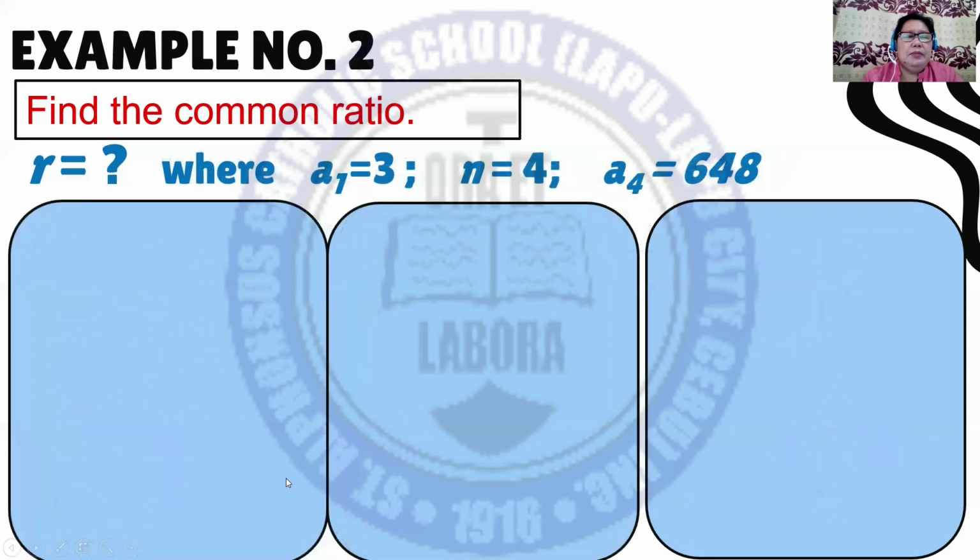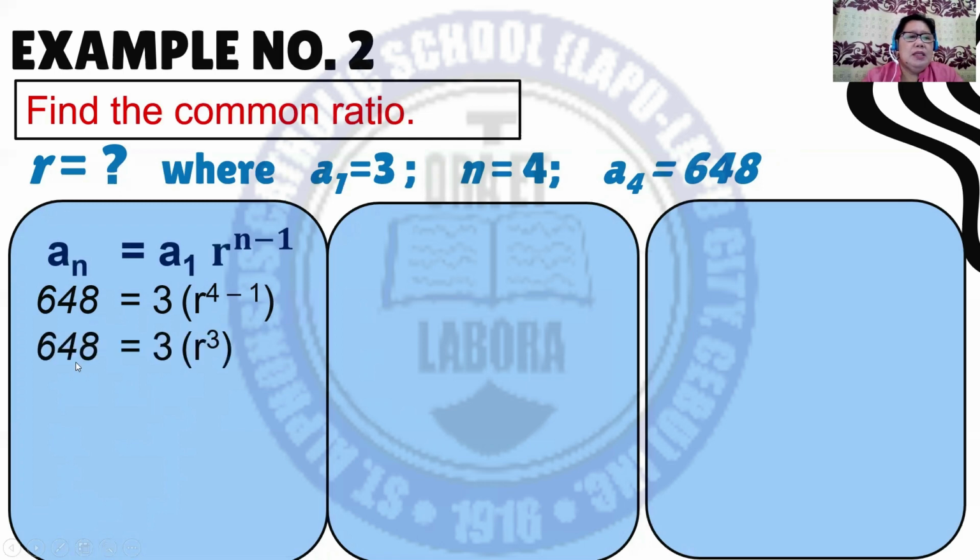Next example. Find the common ratio given the first term and the last term. So still using the first formula, you will have 648 as a sub 4, or the last term, is equal to 3, which is our first term, and r is missing, n is 4, then minus 1. 648 is equal to 3 times r cubed. 4 minus 1 is 3.